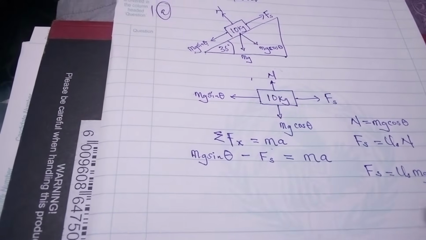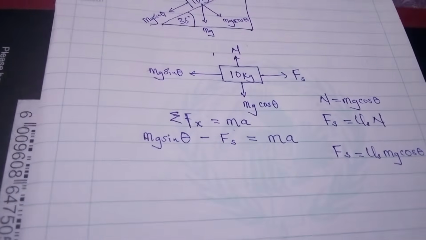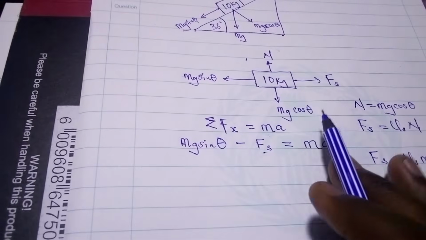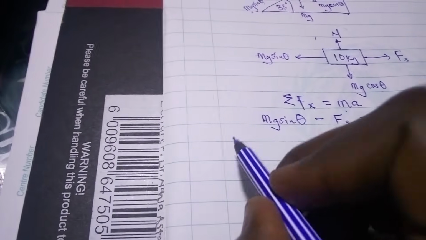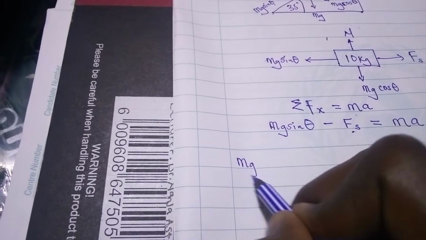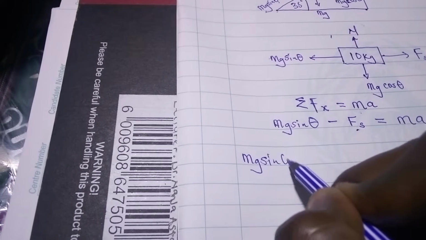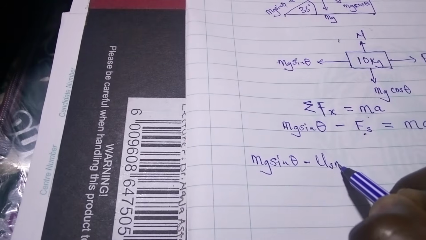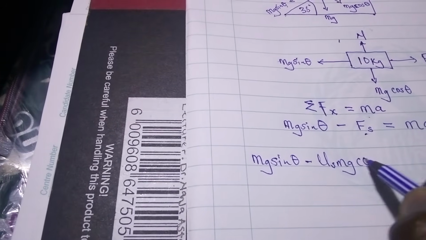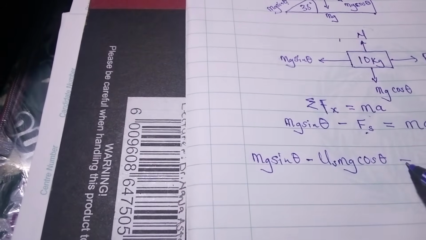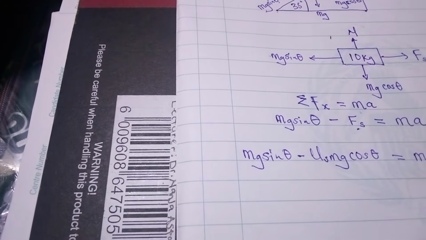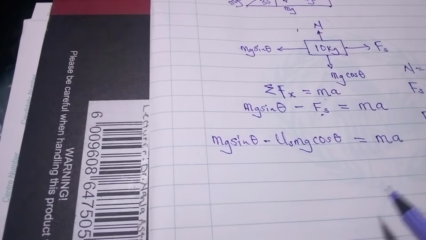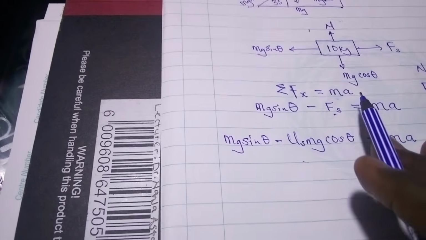That replaces static friction there, so mg sin theta minus mu s mg cos theta is equal to ma.